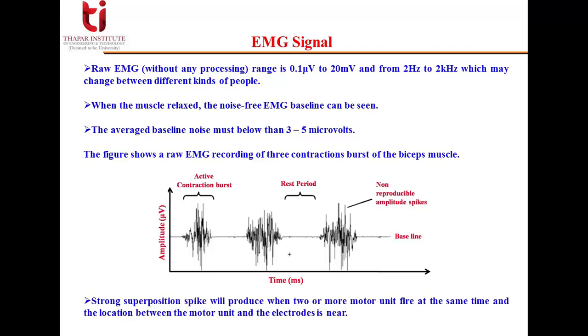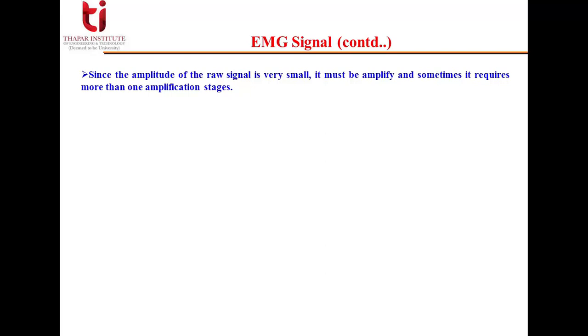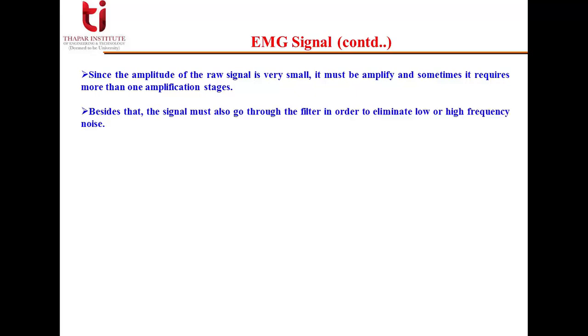Now, strong superposition spikes will be produced when two or more motor units fire at the same time, and if the location between the motor unit and the electrodes is near, then more spikes will come. Since the amplitude of the raw signal is very small, it must be amplified, and sometimes it requires more than one amplification stage.